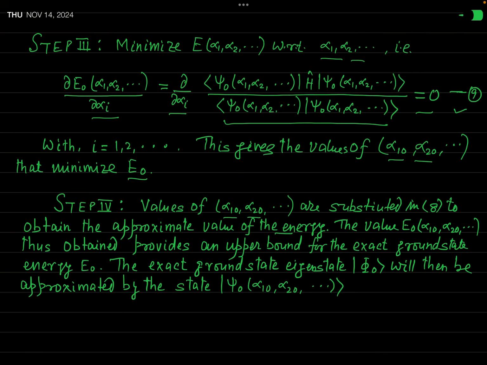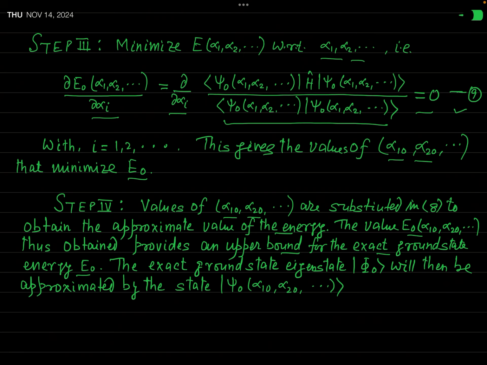Actually, the value E naught of alpha 1 0, alpha 2 0 thus obtained provides the upper bound for the exact ground state energy E naught. It means what will be the maximum value of E naught that will be obtained.